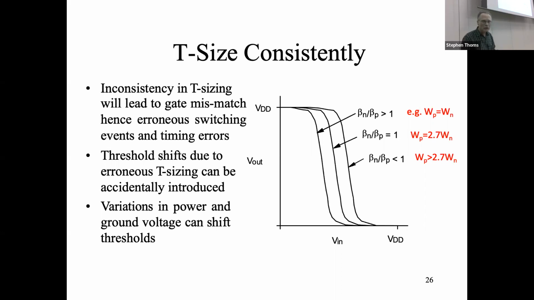So if you look here, if you remember, if you vary the ratio of the width of the PMOS to the width of the NMOS, so that's this WP and WN.